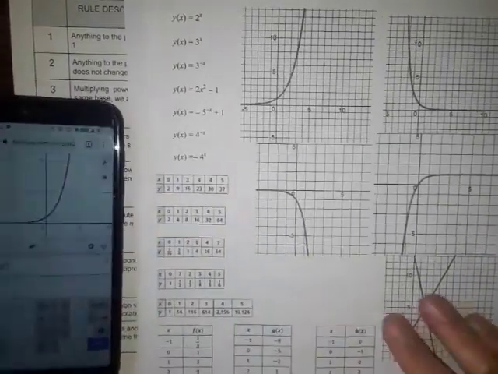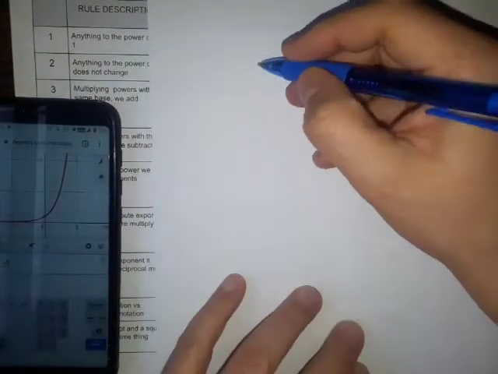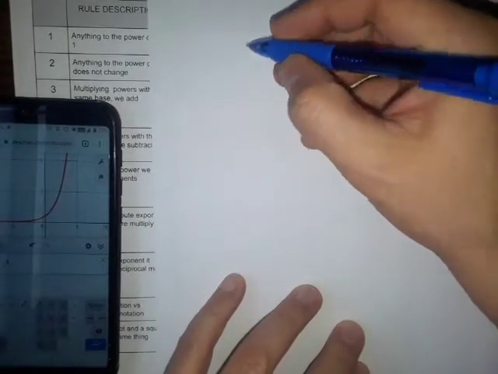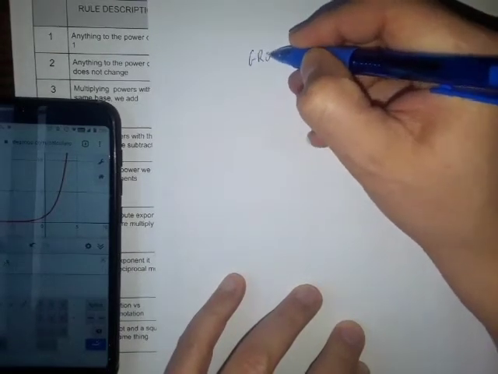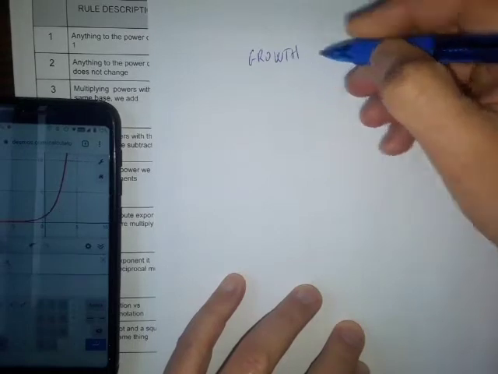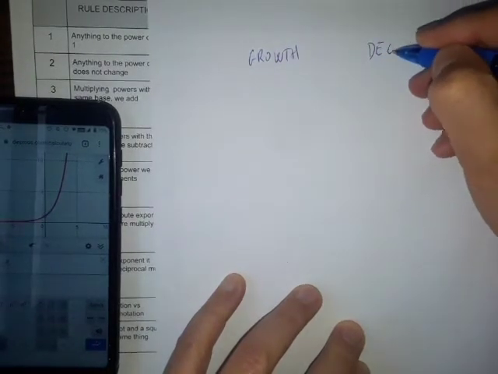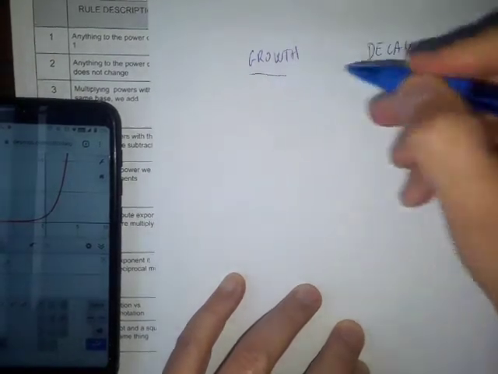First of all, I want to show you the most important thing: you have to learn how to distinguish growth from decay. Both of them are exponentials.